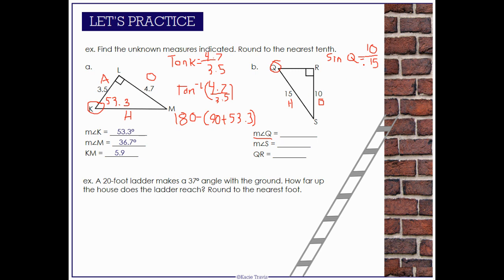Now, this is the sine. I need to do the inverse sine so I can find my angle. So we have sine to the negative 1 of 10 over 15. Once we got that all set up, let's plug it into the calculator.